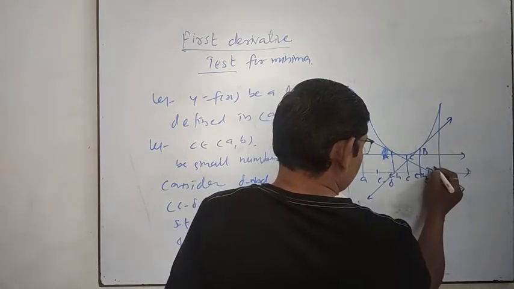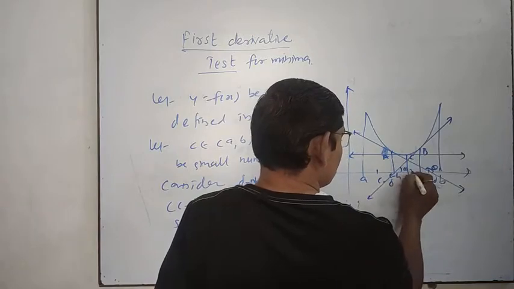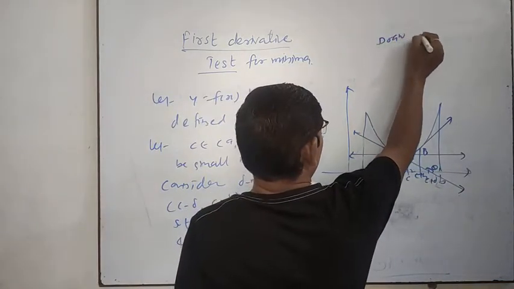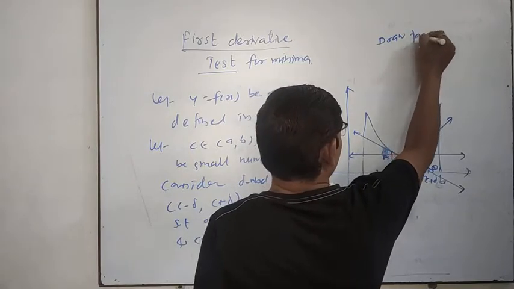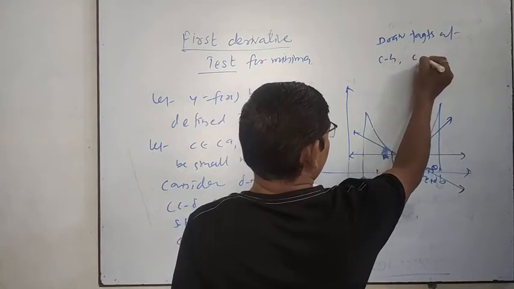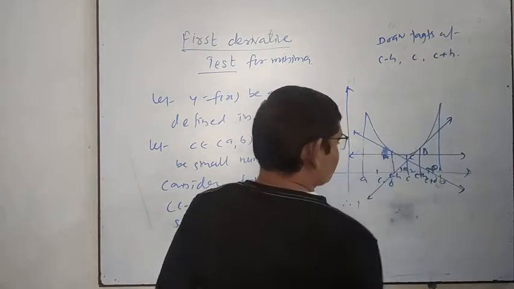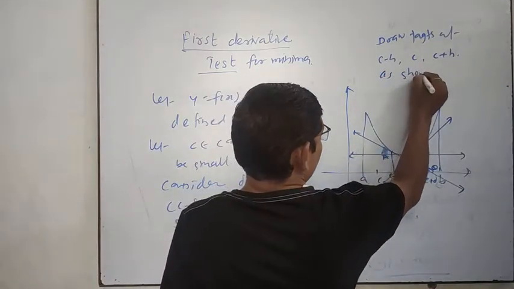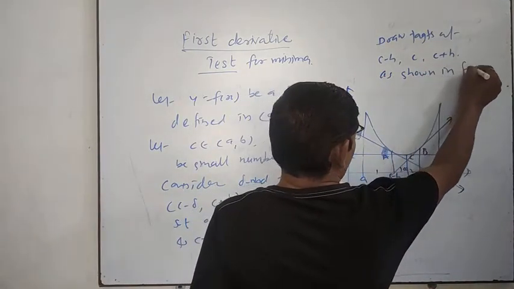Now this is theta 1, this is theta 2. We draw tangents at C minus h, C and C plus h as shown in the figure.